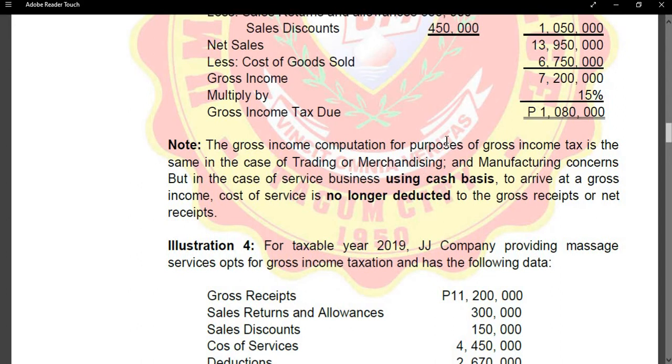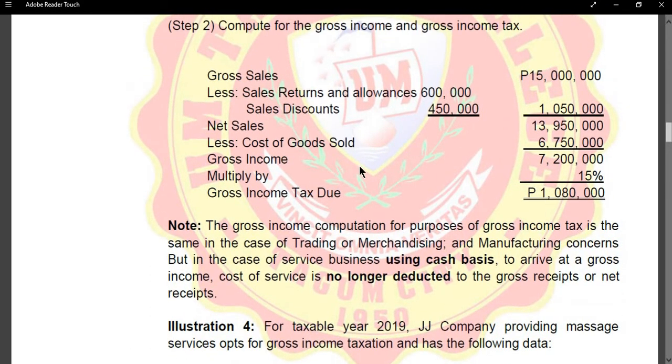So, if the taxpayer opts to be taxed at gross or 15% gross income tax, there is a difference between a service concern and a manufacturing, merchandising, or trading business.